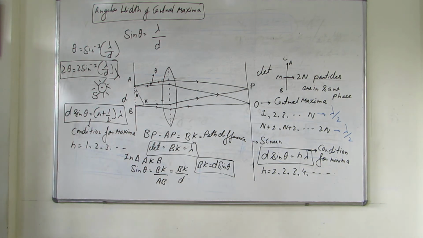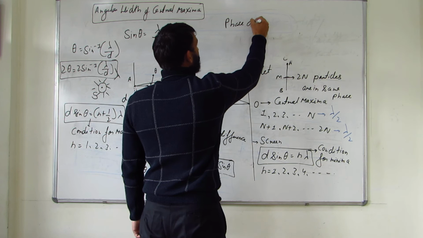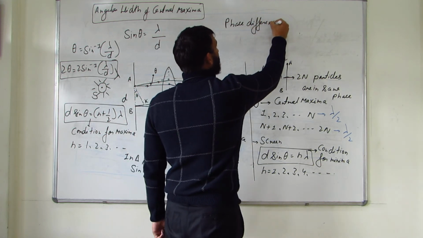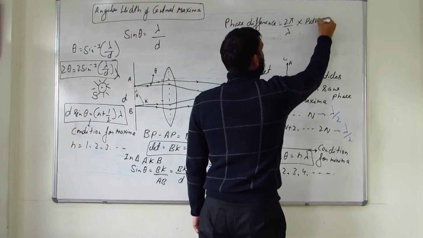And again we plotted a graph last class, and this is the relation which we used: phase difference is equal to 2 pi by lambda into path difference.